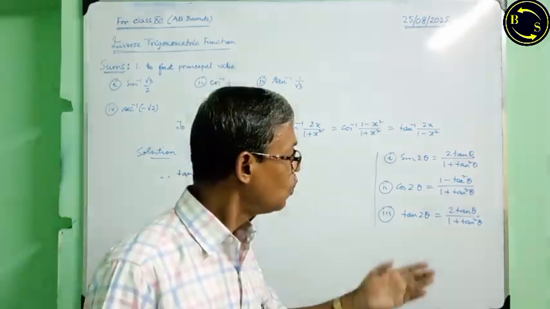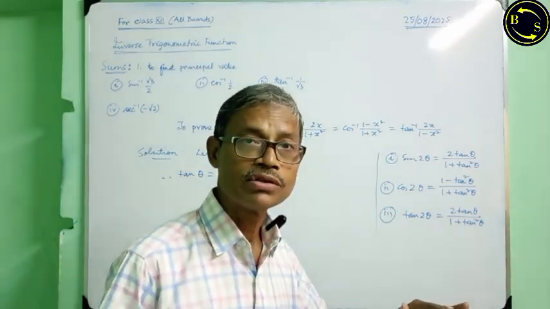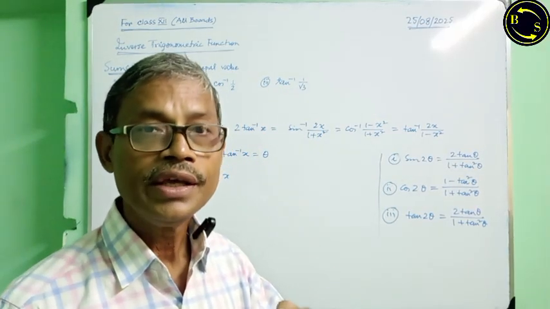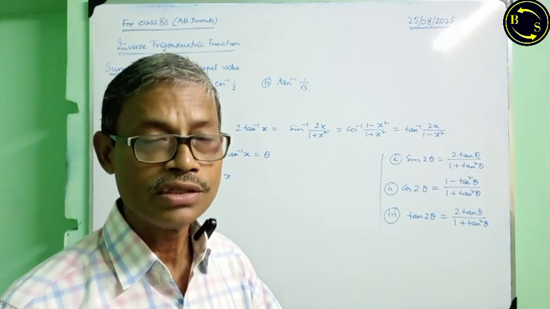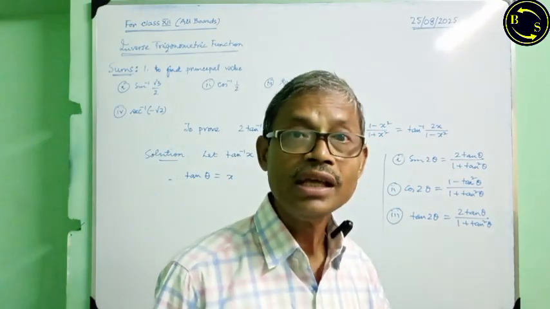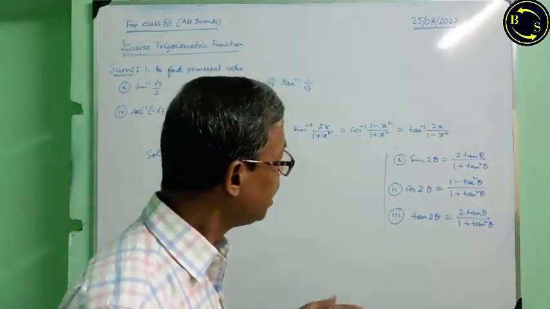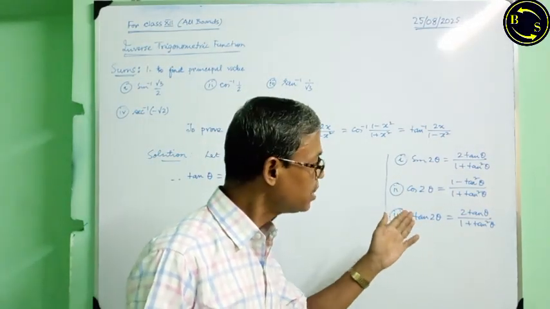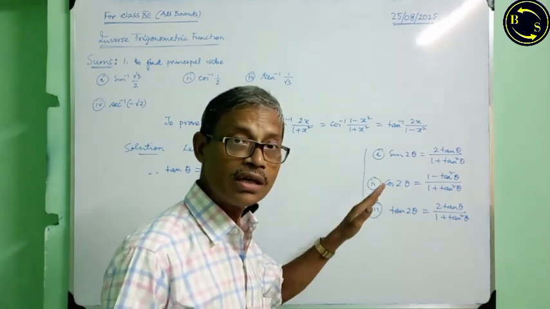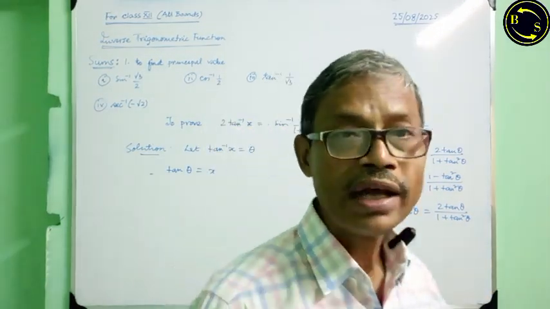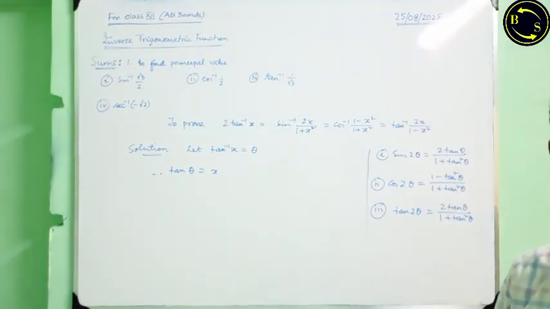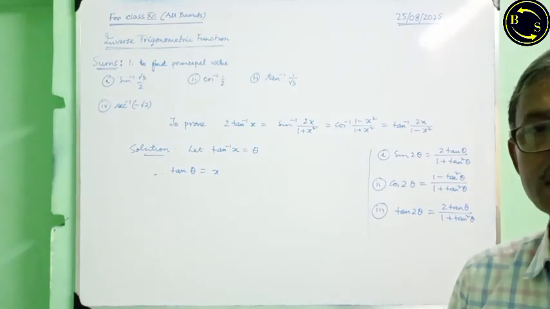Then tan form, 1 minus tan square theta by 1 plus tan square theta. If you forgot, my suggestion is deduce this, then you can easily memorize. And tan 2 theta is 2 tan theta by 1 minus tan square theta. These are multiple angle related, though we can deduce those with the help of trigonometrical ratios of compound angle.